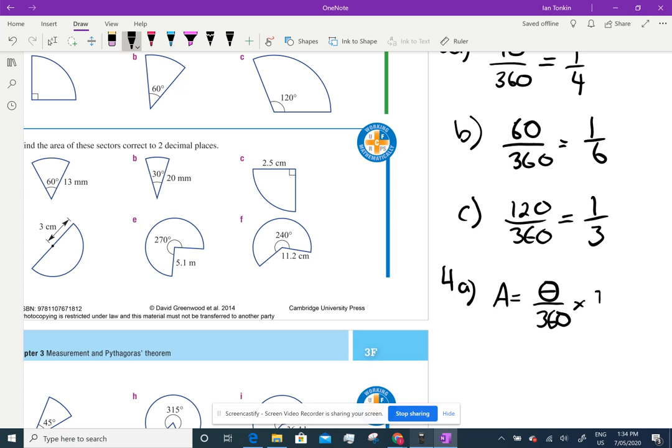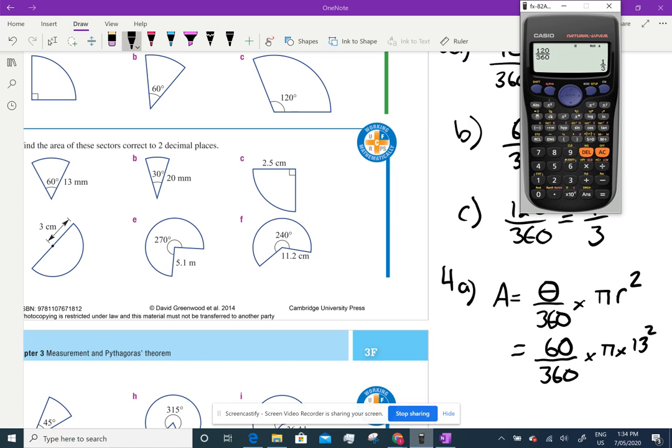And what's the area of a circle? Pi r squared. Well, what's the angle? 60 over 360 times pi. What's the radius? 13 squared. And I just put that in my calculator.